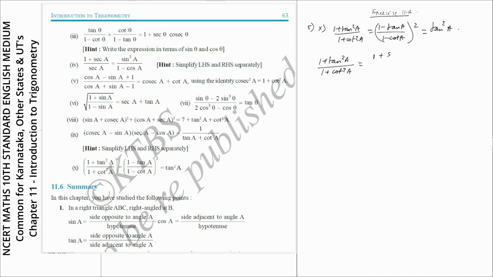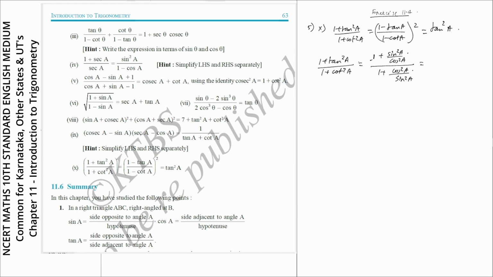So 1 plus tan square A means sin square A by cos square A, divided by 1 plus cot square A, which I can write as cos square A by sin square A. Now take the LCM.